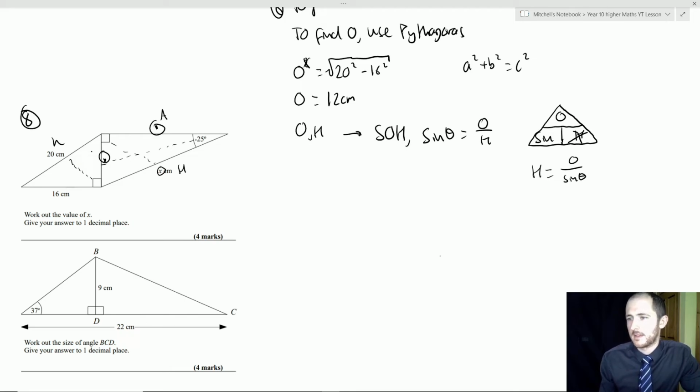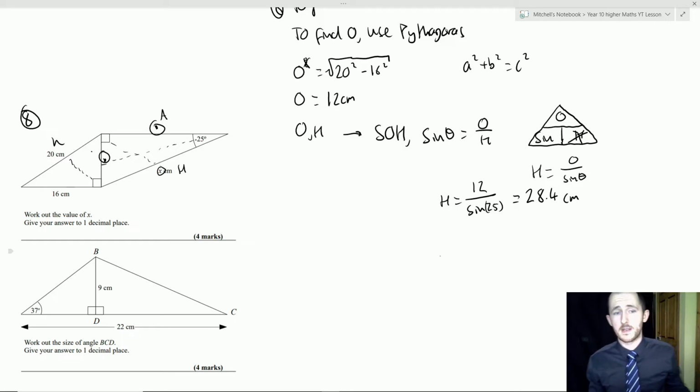To do it this way, you'd have to times and divide around, but it's the same thing. And we get H is equal to opposite, which was 12, over sine 25 in brackets, which says to one decimal place, so we'll leave it to one decimal place. 28.4. And don't forget your units, which in this case is centimeters.